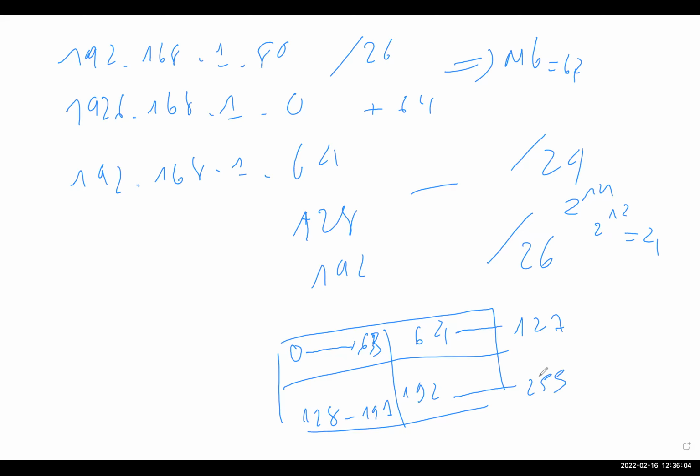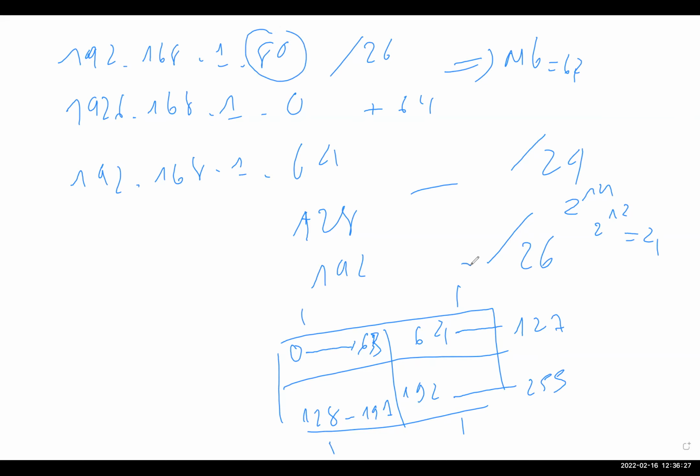All right. So now, if you look at the address here, is it in the range of this one, this one, this one, or this one? What do you think? It's in the 64 to 127 range. You can clearly see it.